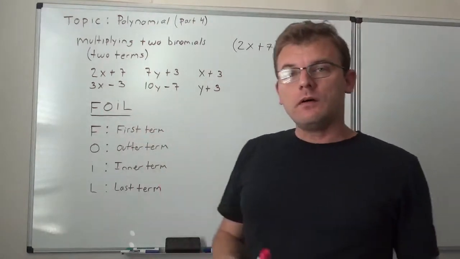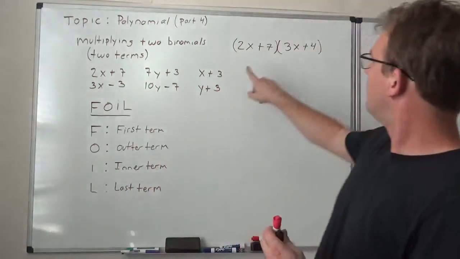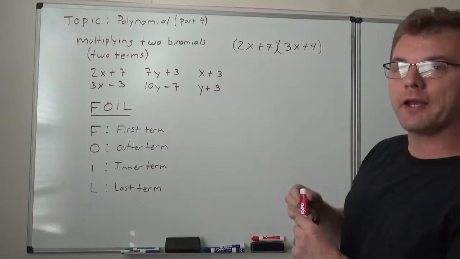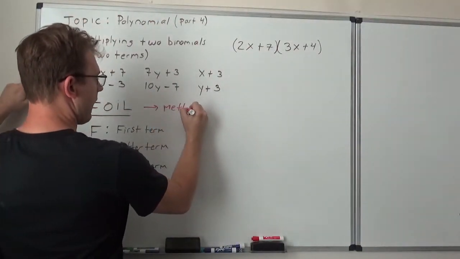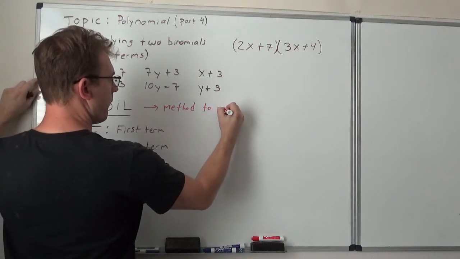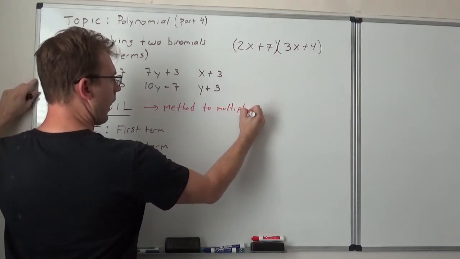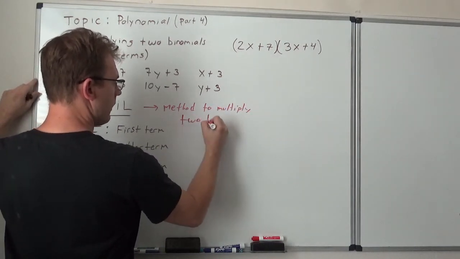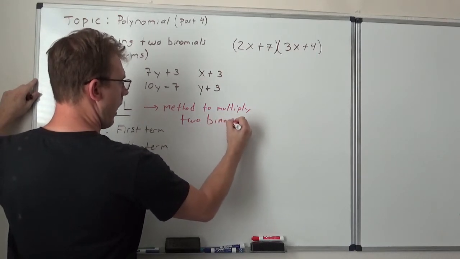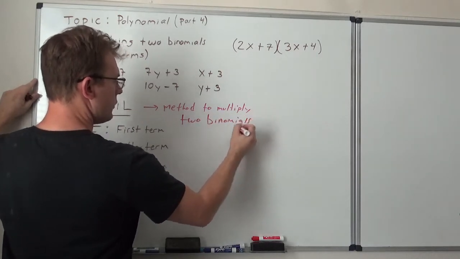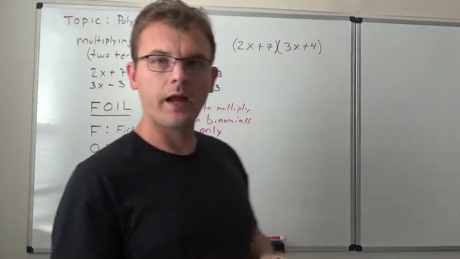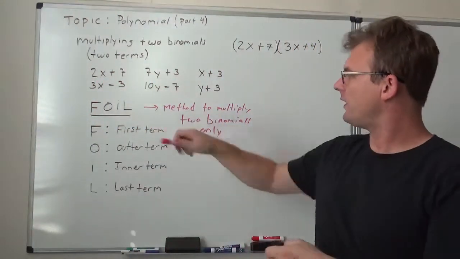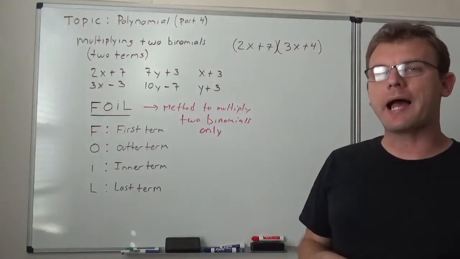FOIL is a method to multiply two binomials only. This method is only used to multiply two binomials.